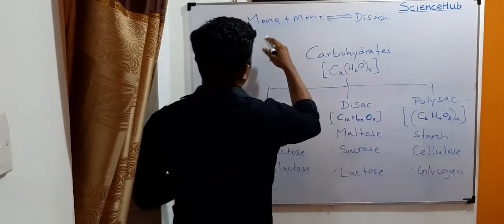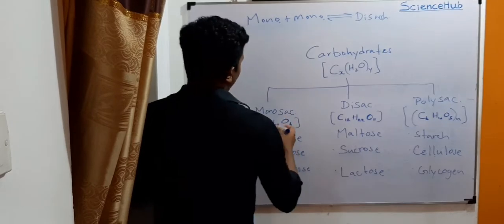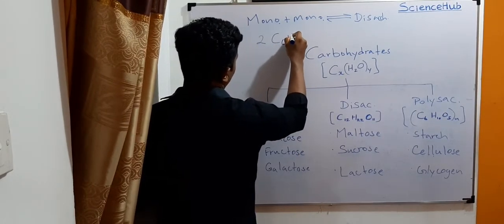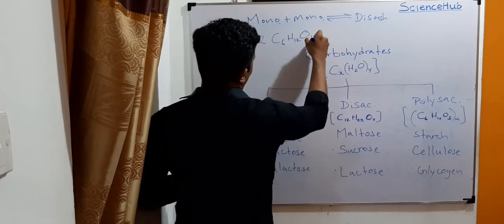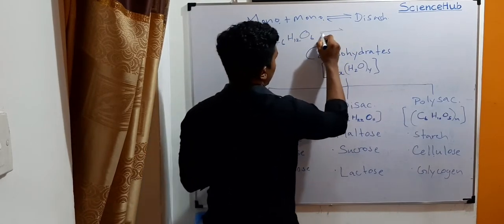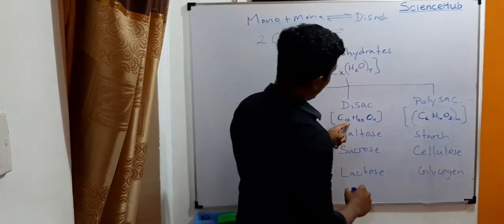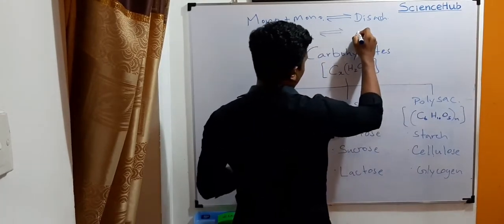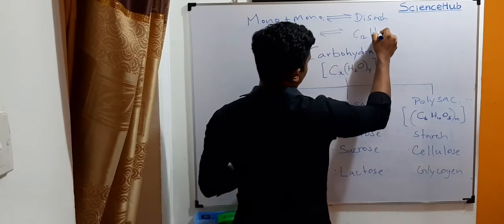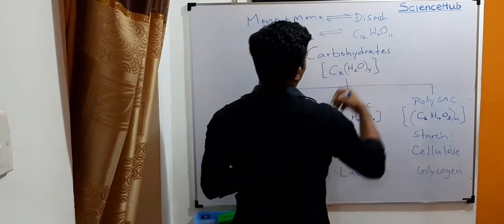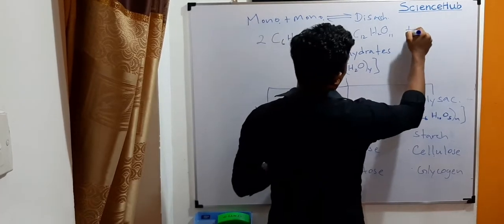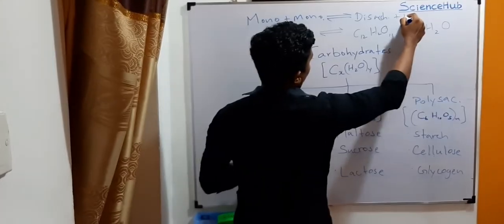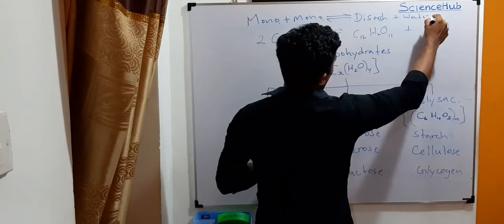When we consider the molecular formulas, 2 C6H12O6 is equal to this disaccharide, C12H22O11, and it releases one water molecule.